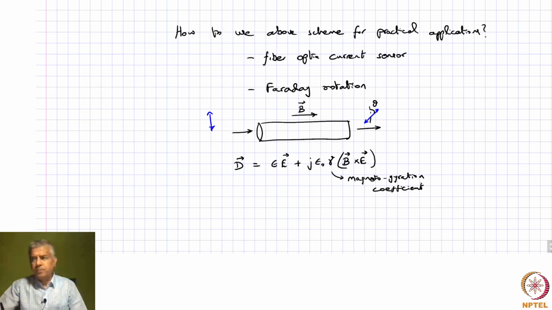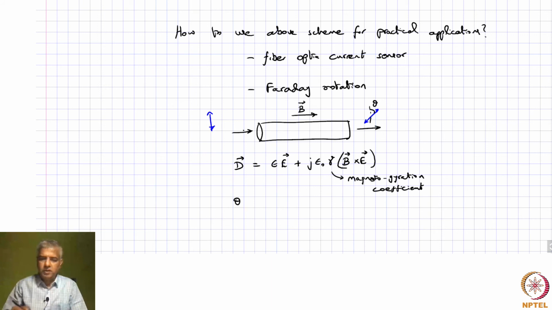There are certain materials which have a larger magneto-gyration coefficient than others. For example, TAG material, which corresponds to terbium aluminum garnet, exhibits a much higher magneto-gyration coefficient compared to, for example, glass, which is silica. But nevertheless, because of this magneto-gyration, there is a change in the orientation.